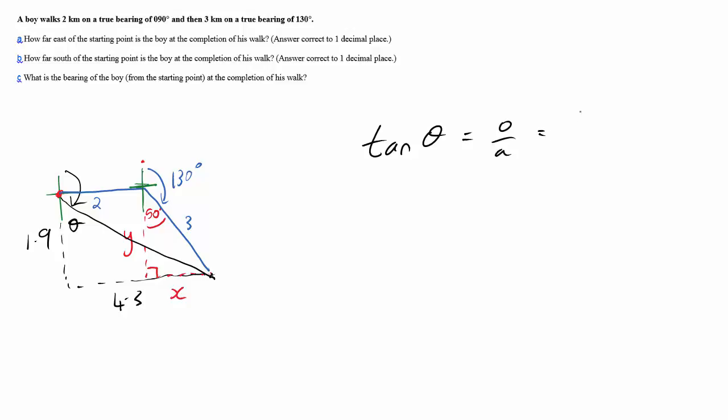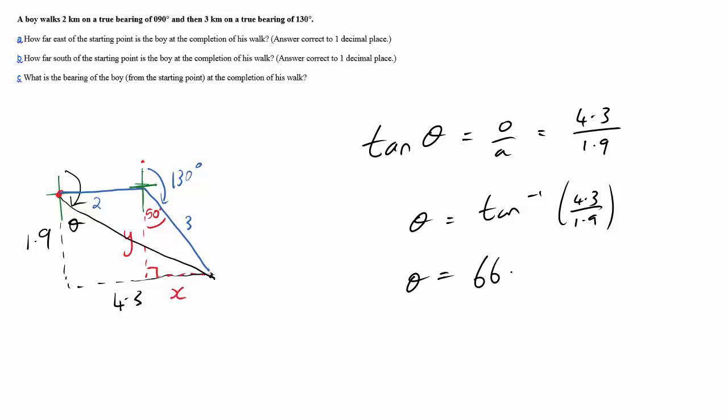We've got 4.3 over 1.9, so theta will be tan minus 1 of 4.3 over 1.9. We use our calculator and that comes out to 66.1 degrees. To make it a little bit easier, we'll just round it off to 66 degrees. Now this is not a bearing. This is the angle within our right-angled triangle here.